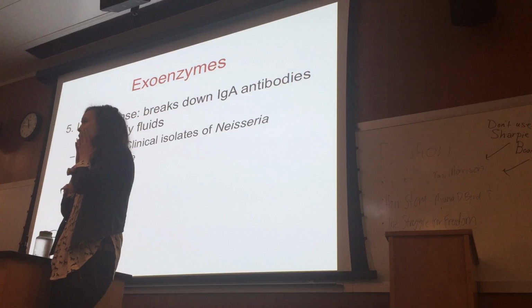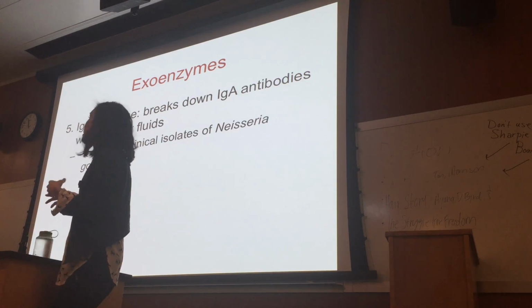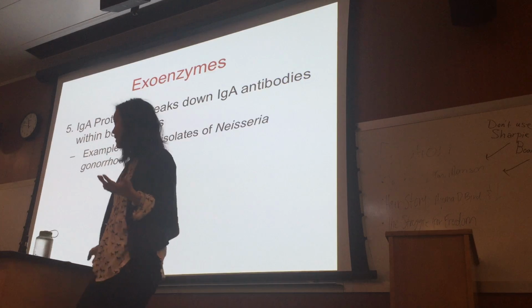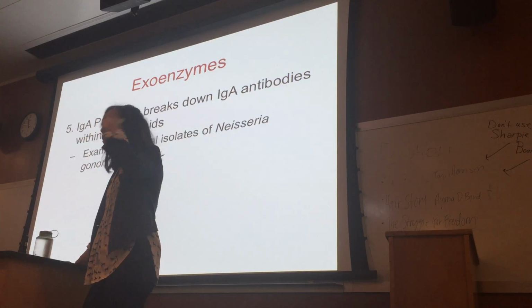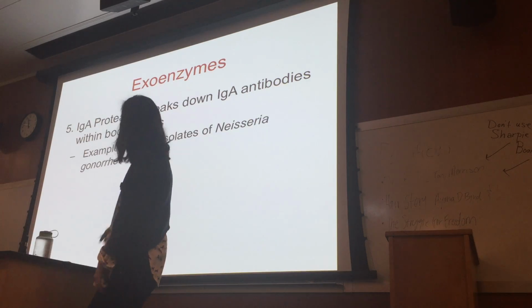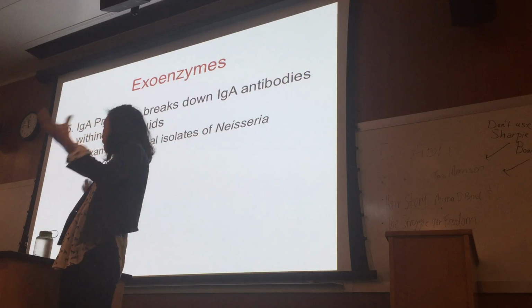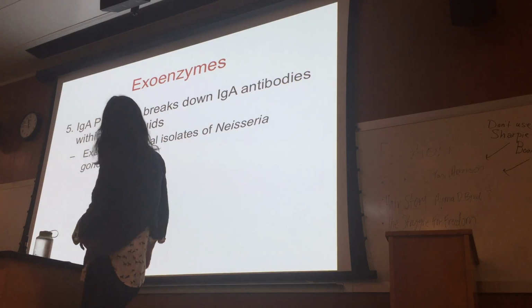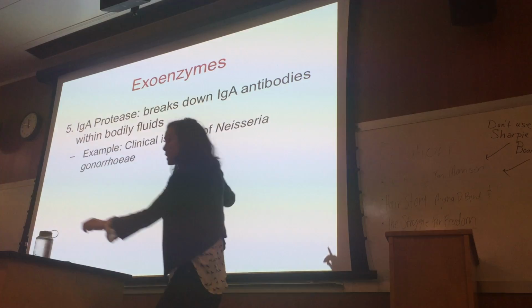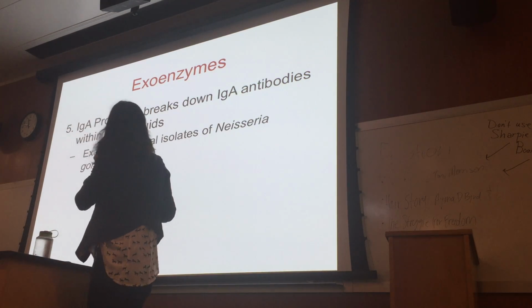So we have it in our mouths, and in areas like your reproductive tract. And it's supposed to protect you against foreign invaders. We're going to talk about antibodies in a couple of lectures, but antibodies are really powerful proteins that our immune system cells produce.